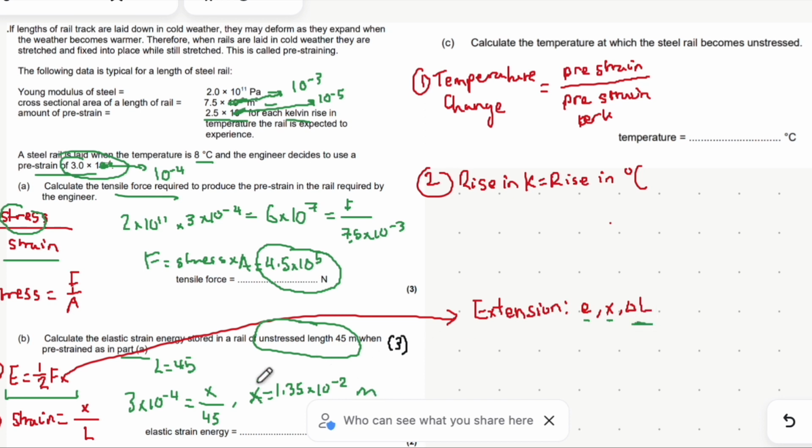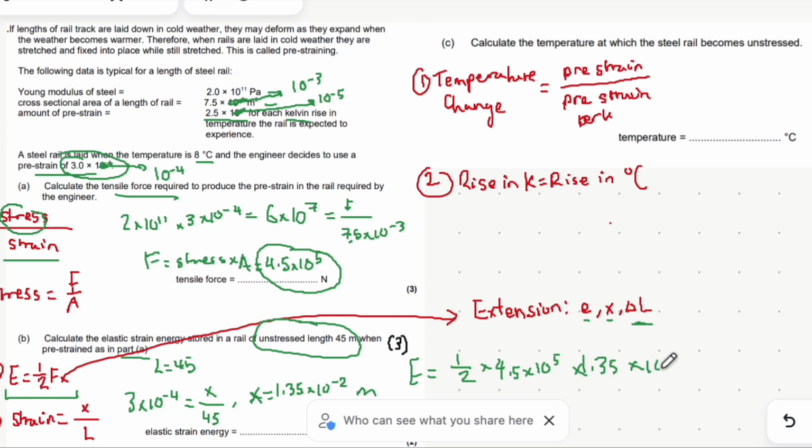Great. Once we've got this extension, we can now put it into this equation, and we say that the energy is a half times the force from part A, because it's pre-strained like in part A, so 4.5 times 10 to the 5 that we calculated, multiplied by the extension, which is 1.35 times 10 to the minus 2.